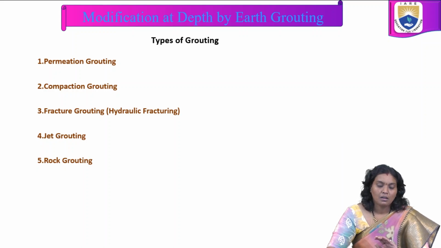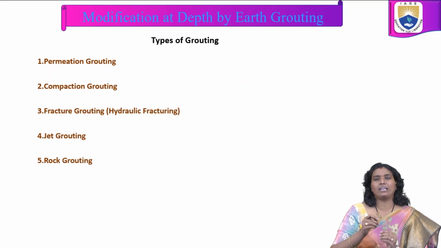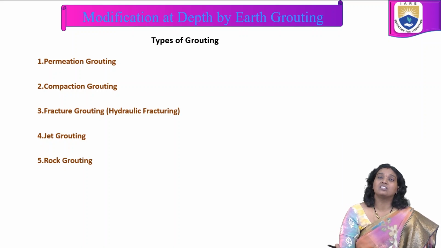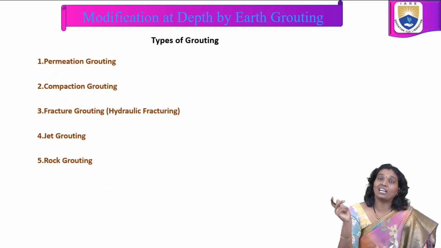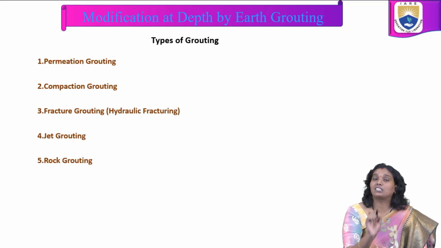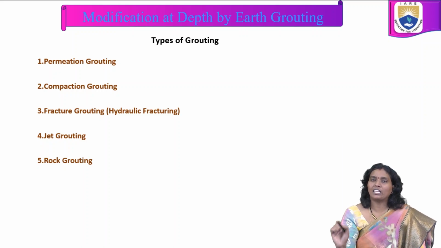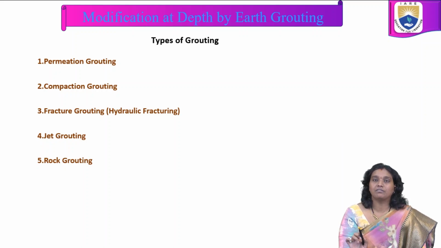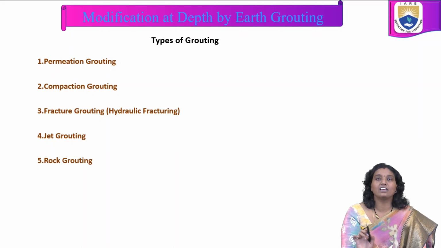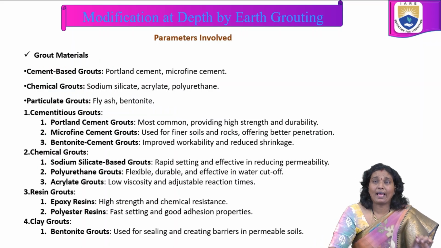The choice depends upon the type of the soil, at what depth we are going to conduct the grouting, and what parameters and properties we are going to enhance. That is the criteria for selecting the grouting.